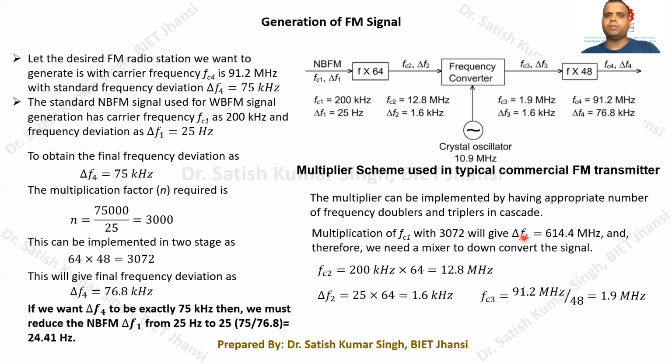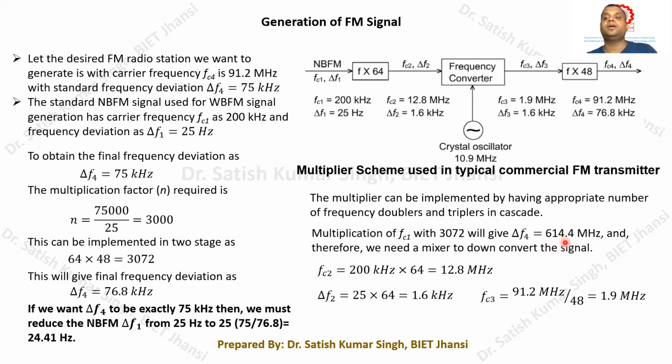Please make it correct: the multiplication of FC1 with 3072 will give FC4. It is not delta F4, it is FC4. The final carrier frequency with this multiplication factor of 3072 is 614.4 megahertz.